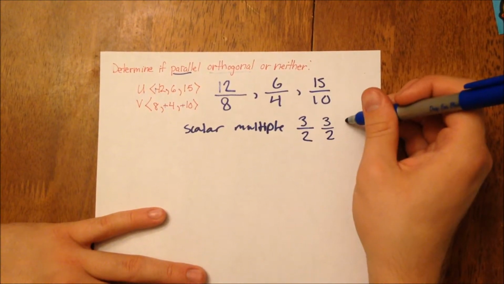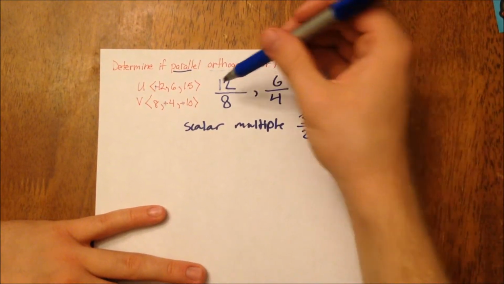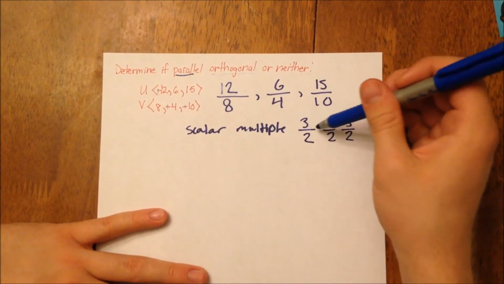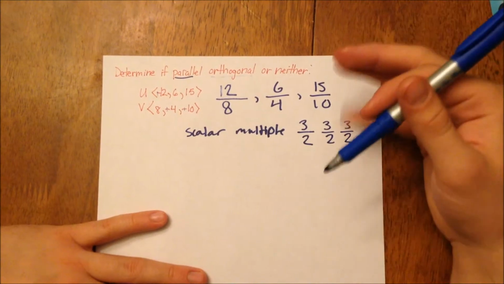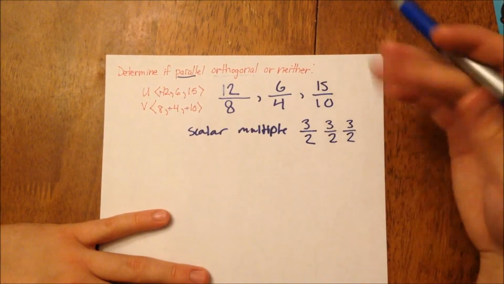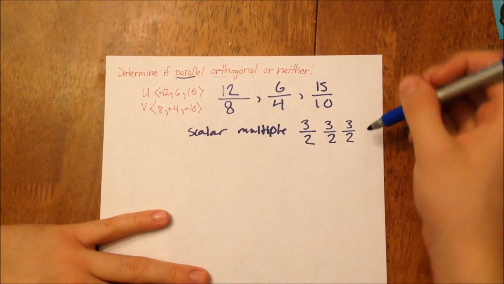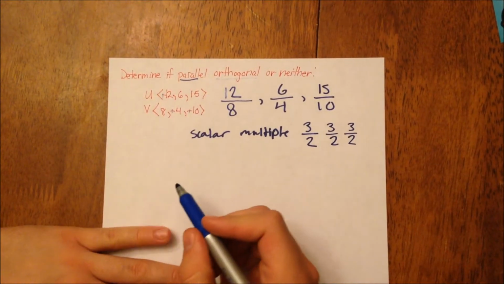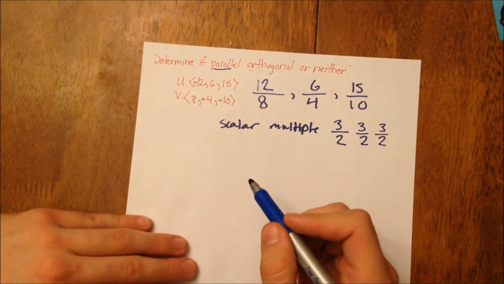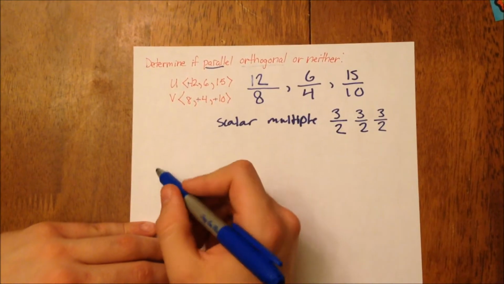And 15 over 10 reduces to 3/2. And the fact that all of these are the same ratio of u to v, it's parallel. So we have to keep looking for another equation to determine how much dynamite we need.